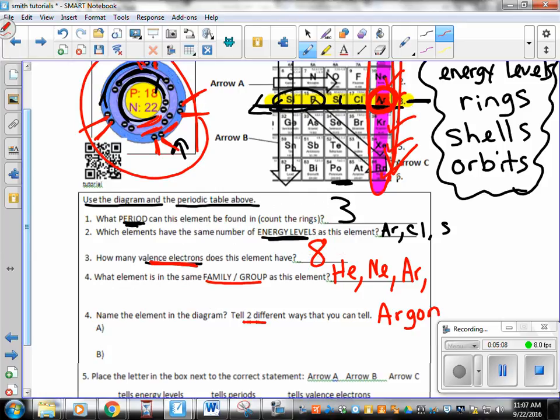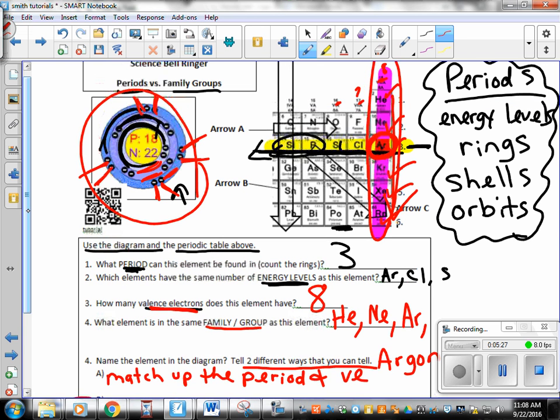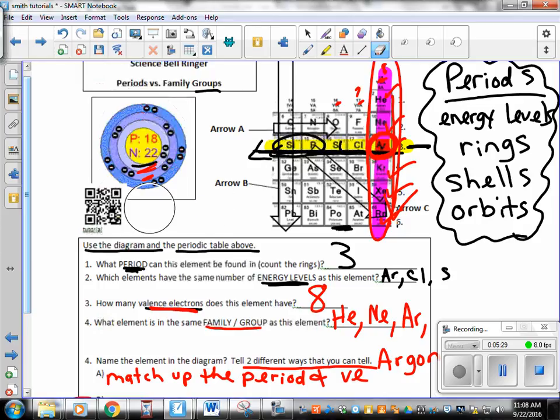Name two ways I can tell. I can match up the period and valence electrons. And everybody should know this way. This is the most important way. Protons identifies the element.